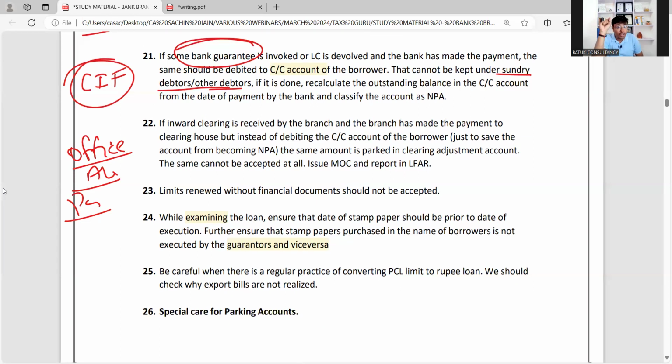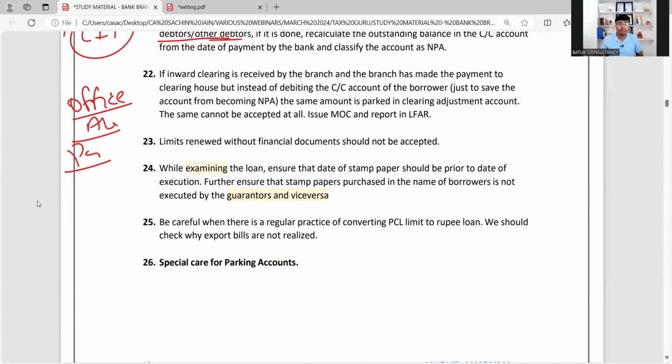So we need to check those office accounts very carefully, because होता क्या है, अगर किसी एंट्री को मुझे ट्रांसफर करना है, I am not going to transfer that entry to the particular account, I am going to transfer that entry to the sundry creditor and debtor. Post audit I am going to again transfer that entry to that account. पता ही नहीं चलेगा. So we need to check the thing very carefully.